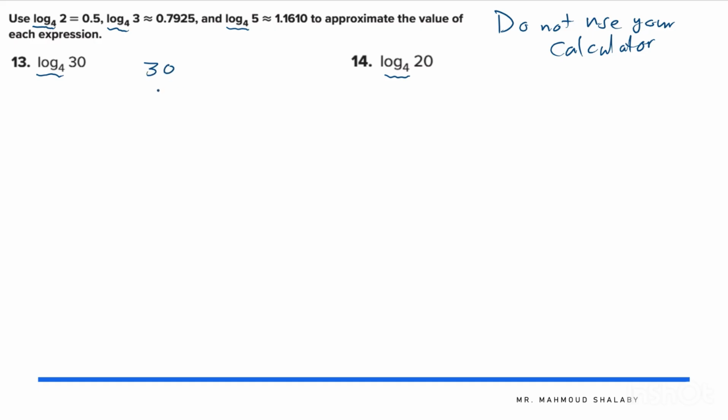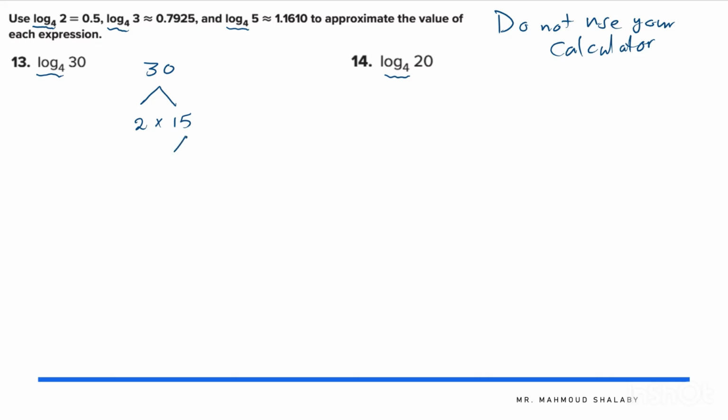We have two methods to do this. I will explain both and you can choose your own way. Think, how can I rewrite 30 in the smallest factors, or the prime factors? First of all, I will start with 2 times 15. So 30 could be rewritten as 2 times 15. 2 is a prime number, so I can't split it more.